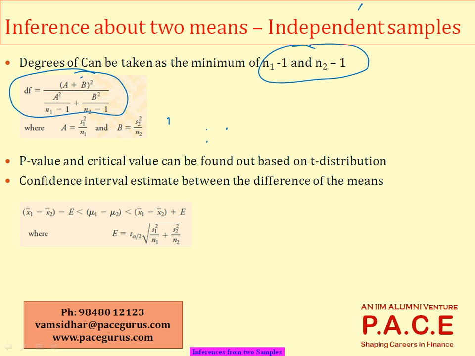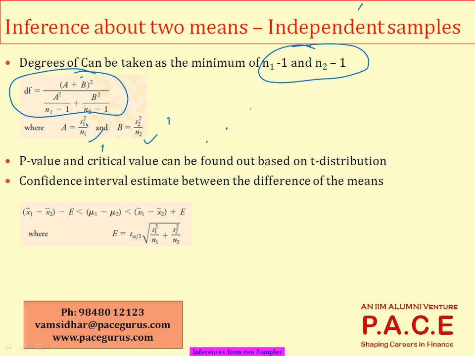Otherwise, you find out s1 squared by n1 and s2 squared by n2 separately, name them as a and b, and compute (a plus b) whole squared divided by a squared by (n1 minus 1) plus b squared by (n2 minus 1). That would typically work out to be your degrees of freedom.